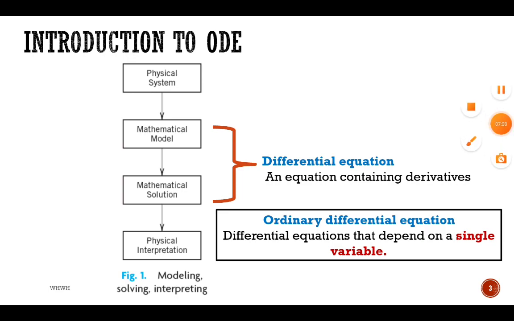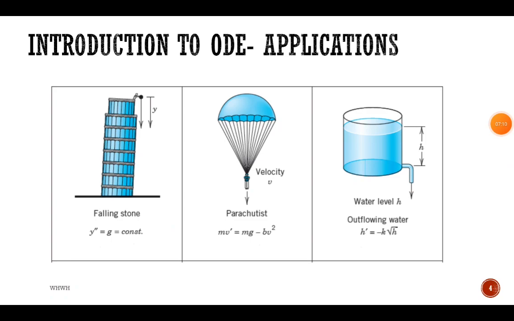Okay, so these are the few examples of application that I just talked about tadi. One of it is about the falling stone from the top of the building, and then the parachute. How fast is the parachute moving, and so is the water tank yang saya dah cerita tadi kan.